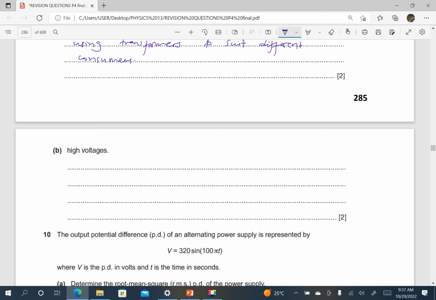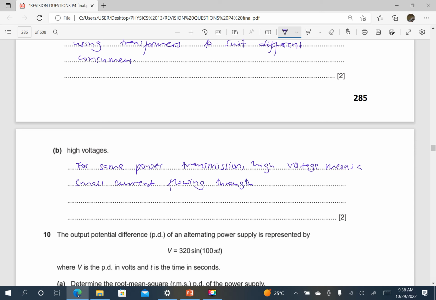High voltage: we saw that for the same power transmission, high voltage means smaller current, a small current flowing through the cables.